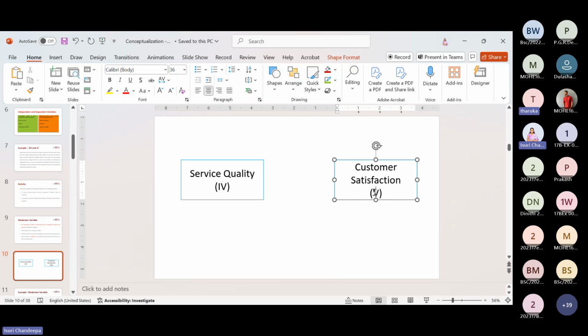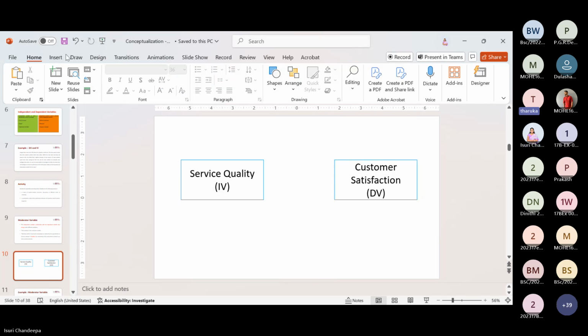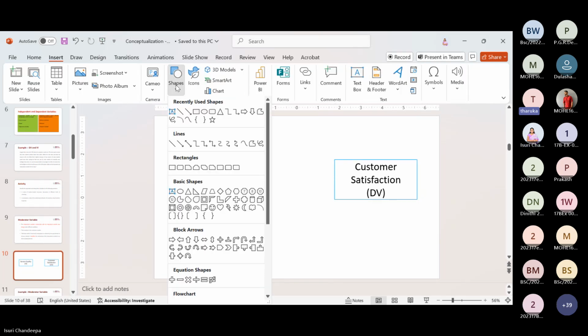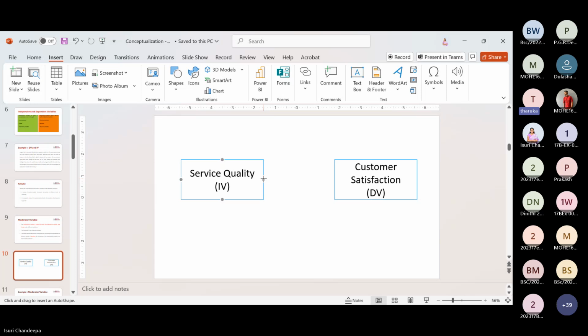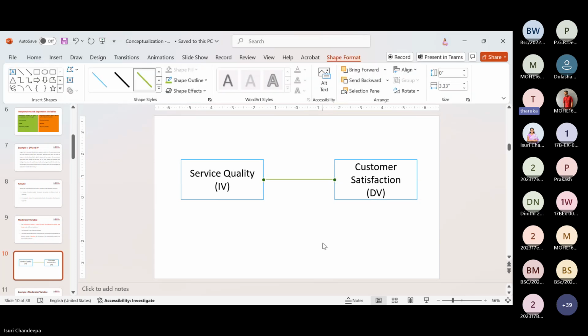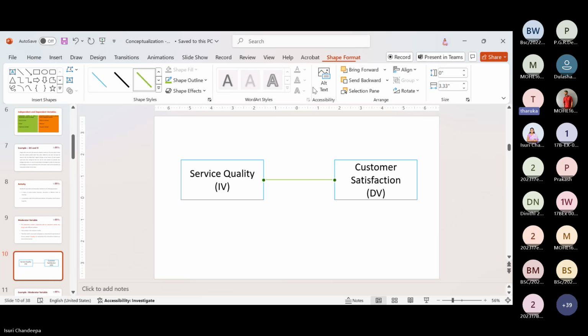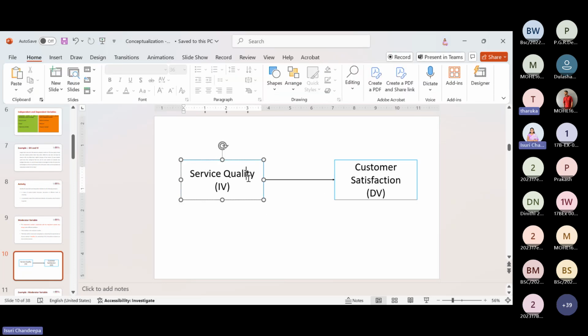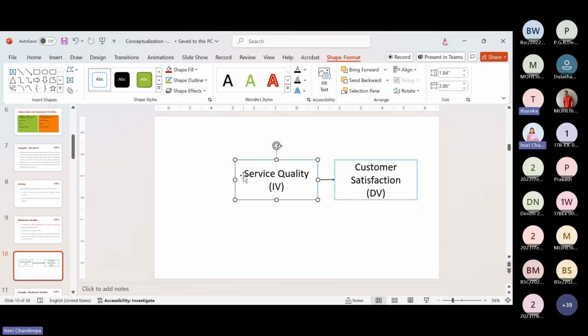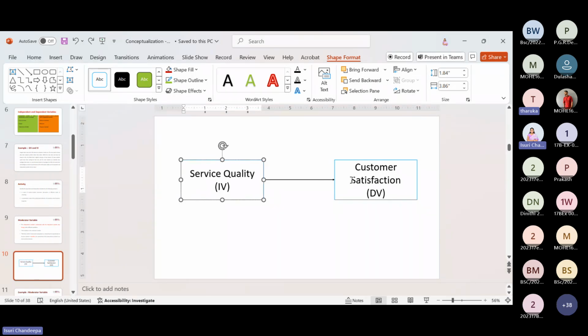This is B. What we are going to test is whether the service quality is creating any impact on customer satisfaction.